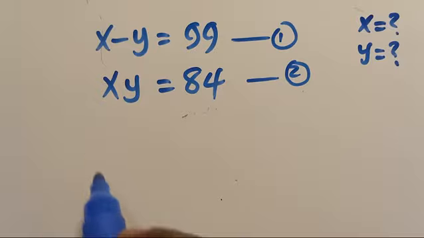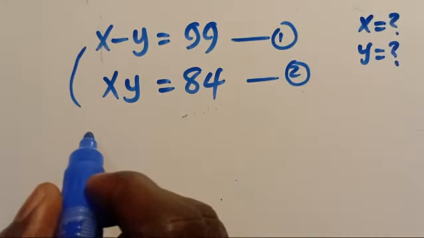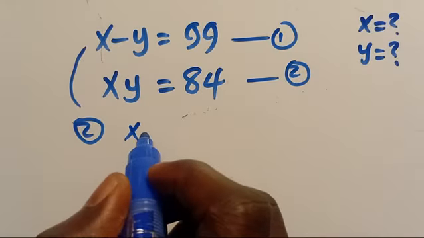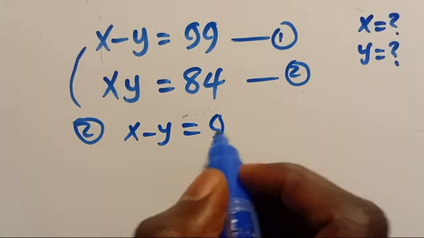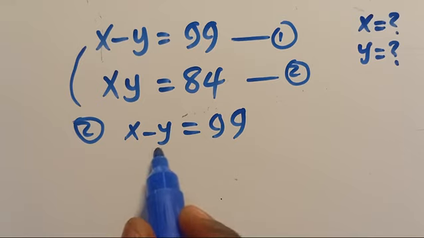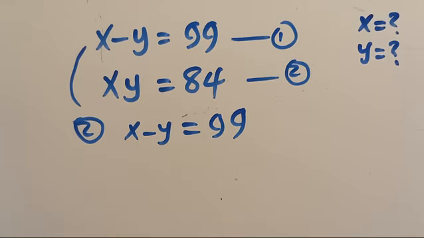So let us recall from equation 1, we have x minus y equals 99. To make x the subject of the formula, we have to eliminate this minus y. To eliminate minus y, we can add y to both sides.